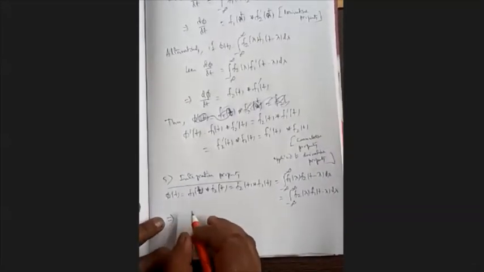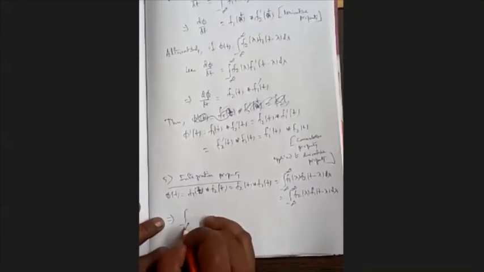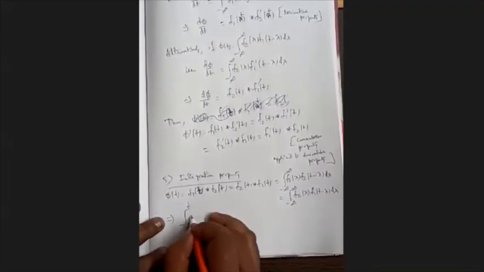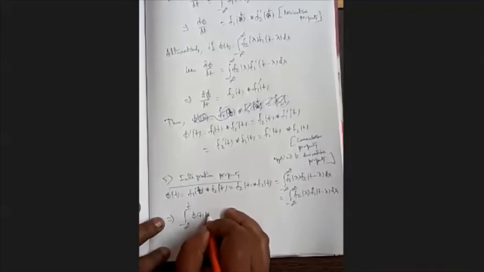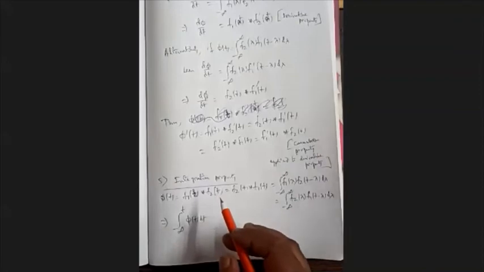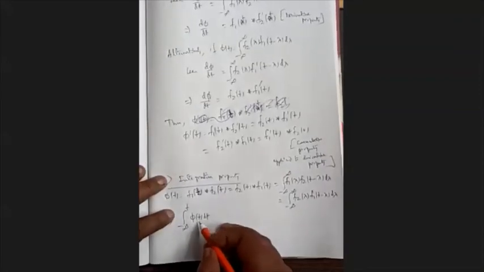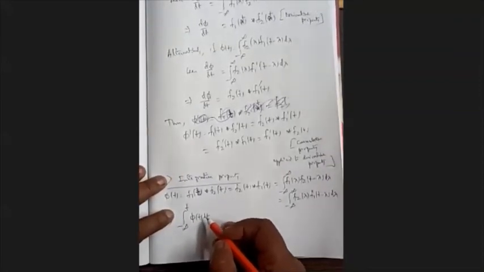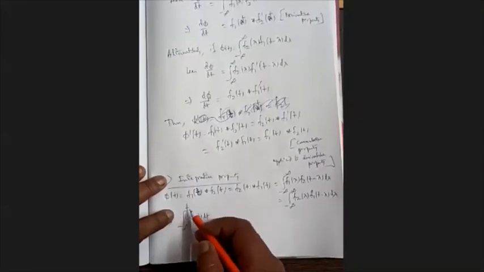Now we apply integration from minus infinity to t of phi(t) dt. Why is the upper limit t? Because once we put the upper limit as t, the whole thing will become a function of t. The inner t here is a dummy variable, but the outer t is the actual limit.